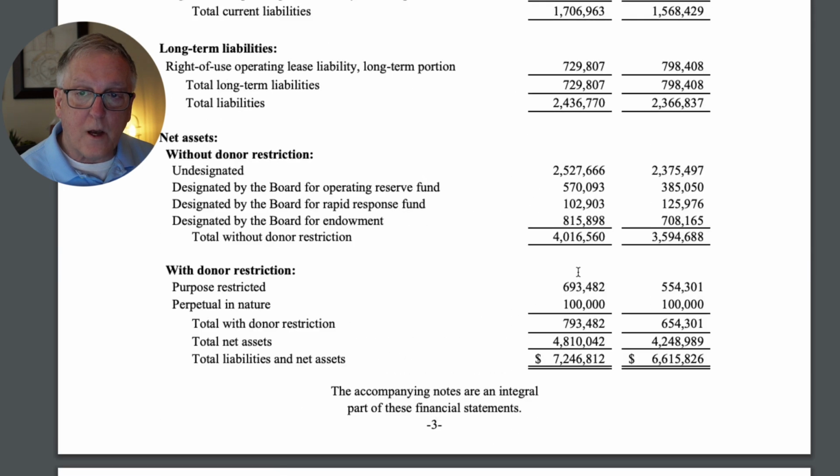If we go back to the top here, we see 793,482. I'm not going to walk you through that on the comparative numbers, but you would see the same agreement between the statement of activities and these two classifications of net assets for 22 as well.